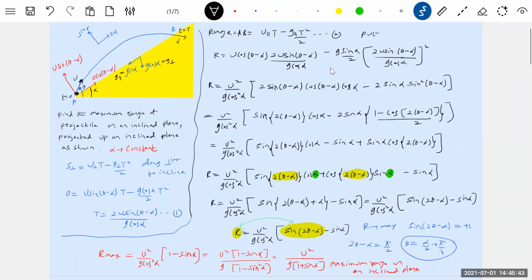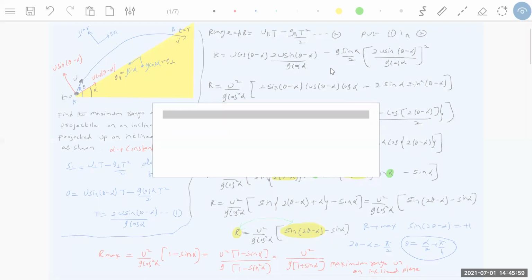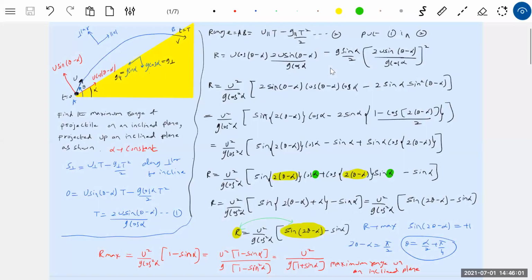Equation 2, put 1 in 2. From there we have brought the next set of equations. No problem. After class, you can put effort, make an observation of the video, take notes, and think about how this step has come. From there, you have to analyze it.